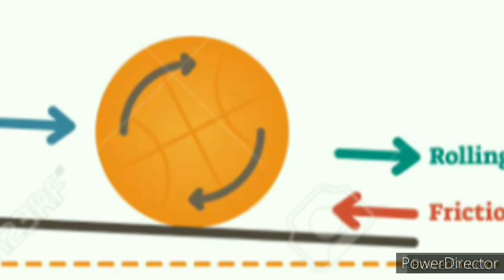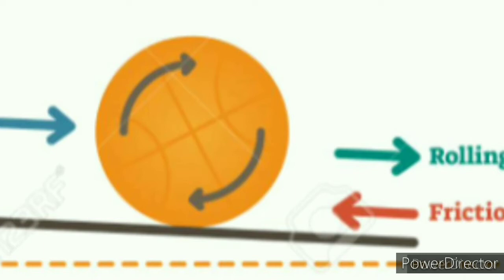That means, what is the reason that this ball is going to stop? It means there must exist some other force because of which the ball stops. So let me think, what is that force?